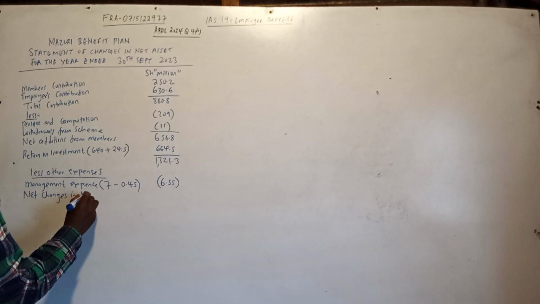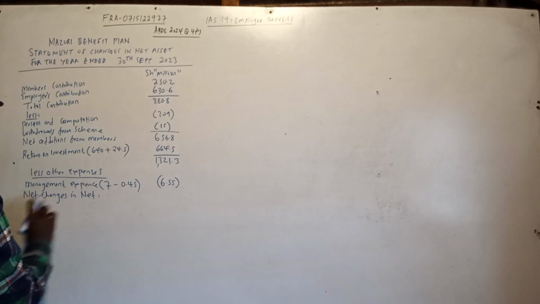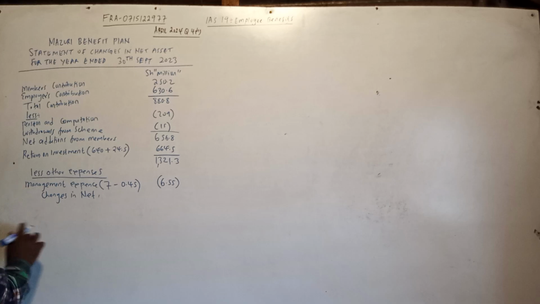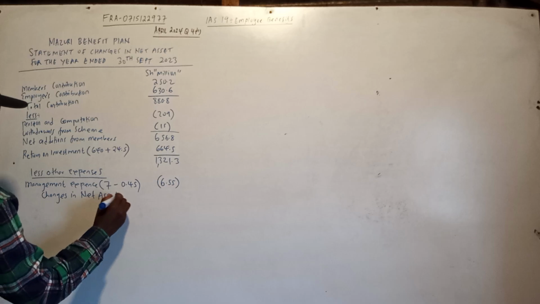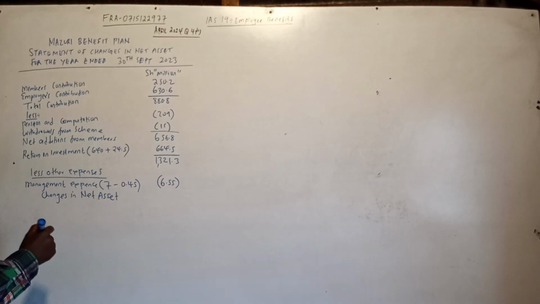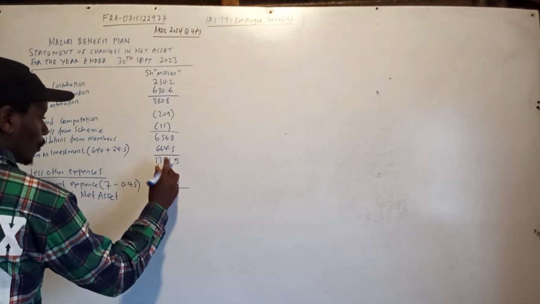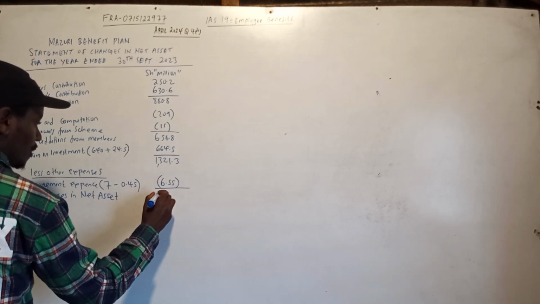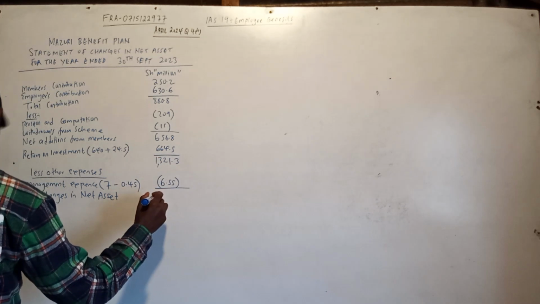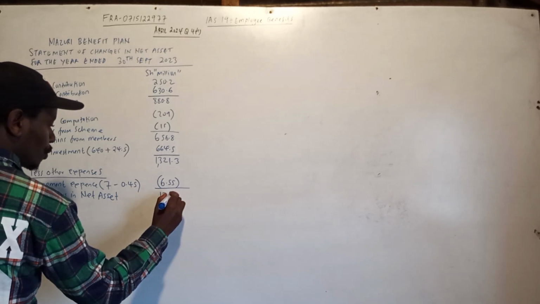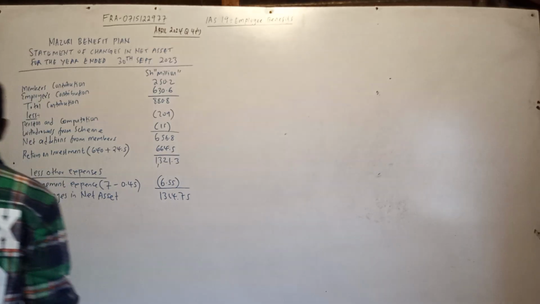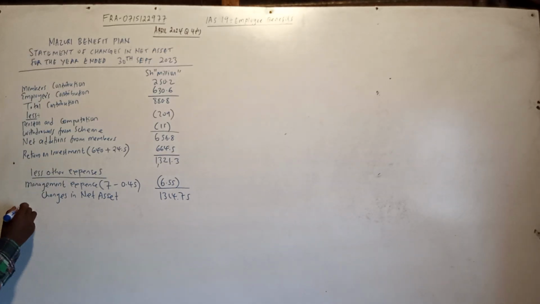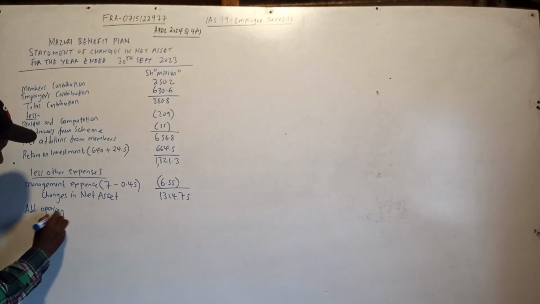How much are the changes in net asset? 1321 minus that one will be equal to 1314.75. And then we add the opening accumulated fund.